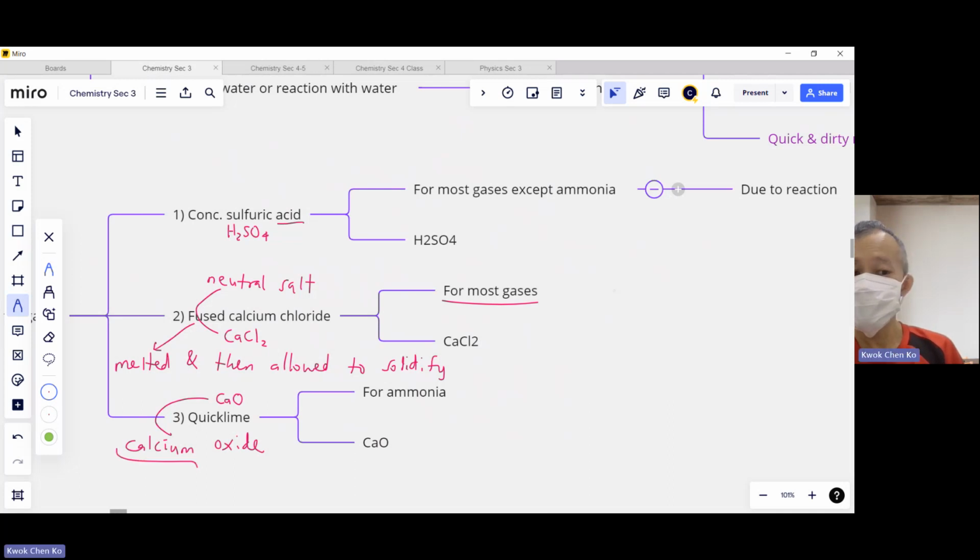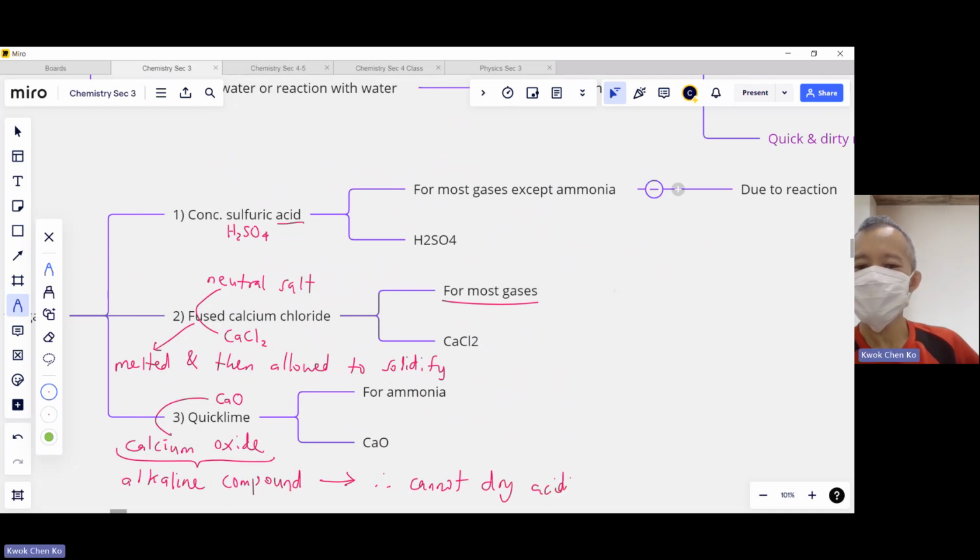And what else do you need to know about it? Have you come across the word base or basic? No? Never mind. I just use the common name, alkaline compound. Therefore you cannot use it to dry acidic gases.